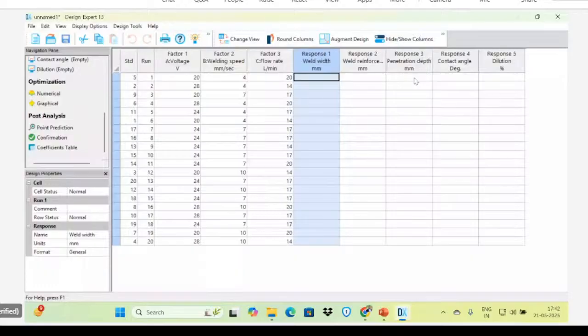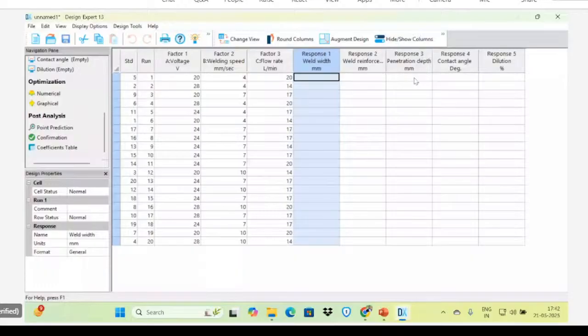So suppose three responses I'm taking, and I have to optimize the process parameters in such a way that my goal is to make the highest ultimate tensile strength with a lower level of wear rate and a lower level of corrosion rate. So the process parameters have to be optimized like this.